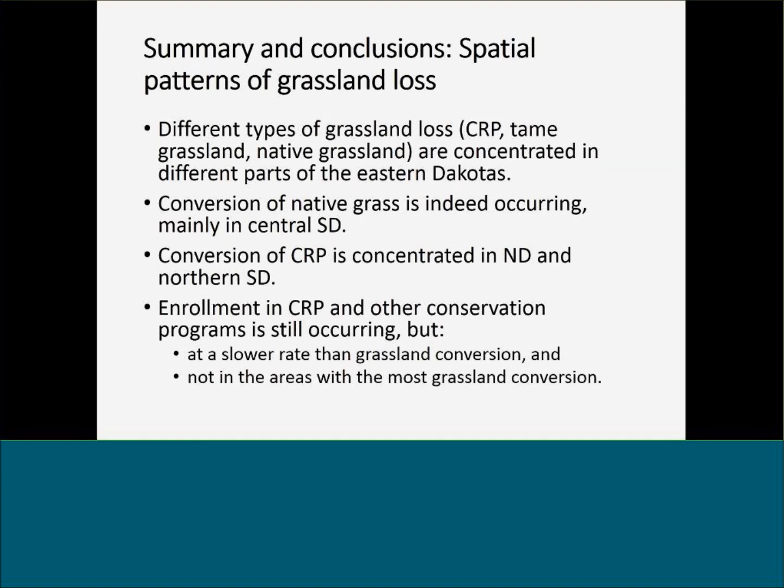In addition, conversion of native grass is indeed occurring, and it's mainly focused in central South Dakota, whereas the CRP loss is concentrated in northern South Dakota. We're still seeing enrollment in CRP and other conservation programs, but it's at a much slower rate than grassland conversion, and it's not happening in the same area where we see grassland conversion occurring.